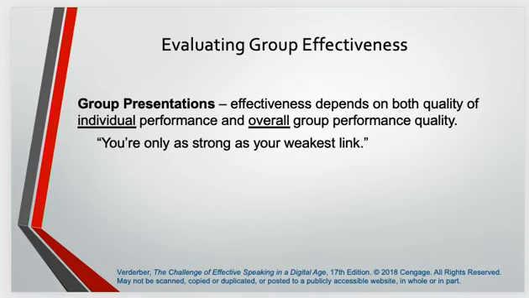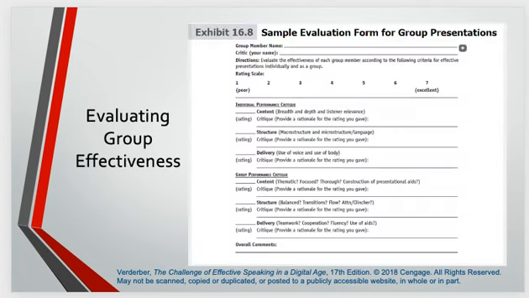So you want to focus on that weakest employee and help bring them up to the same level as the rest of the employees, or you can only be as strong of a team as that weakest team member allows you to be. So encouraging one another, helping each other improve and grow is ultimately going to help the overall performance and quality of your group working together in the future.